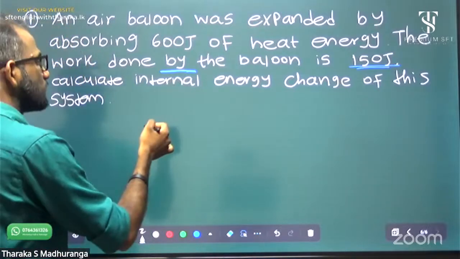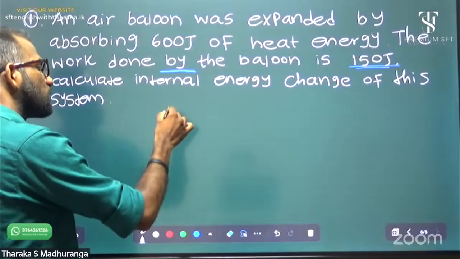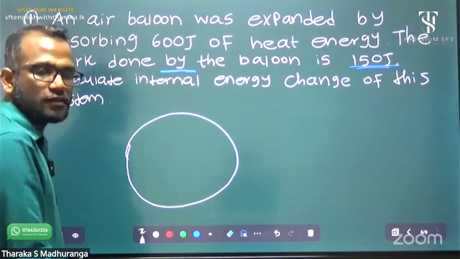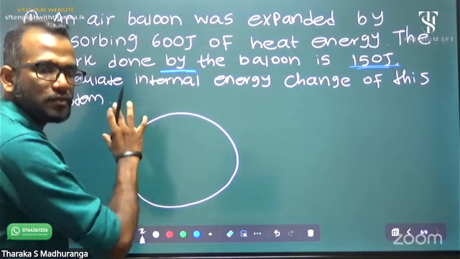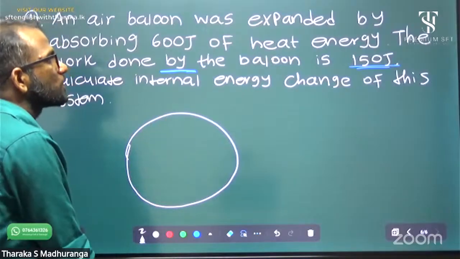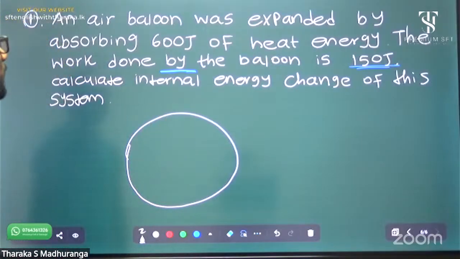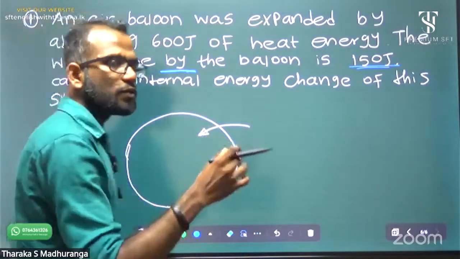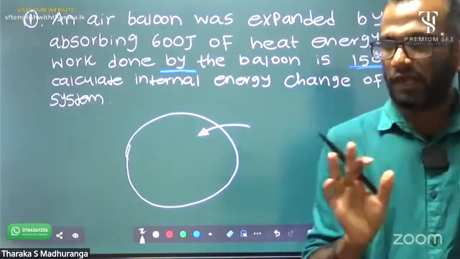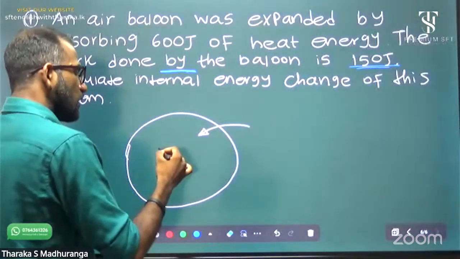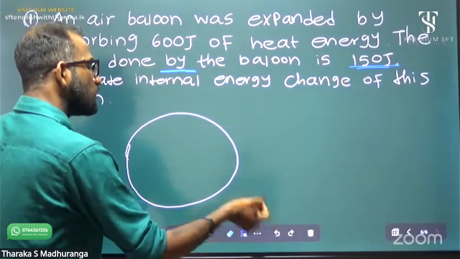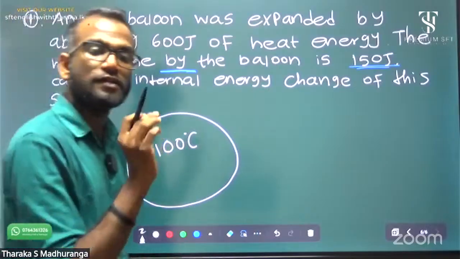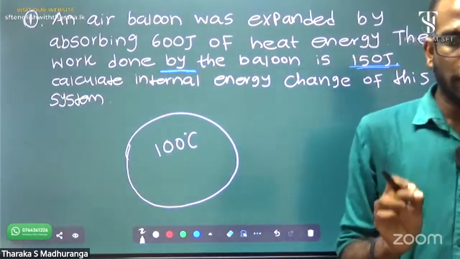Right. Now think this is a balloon. It is a system now, right? The selected area is the balloon. Expanded by absorbing 600 joules. Now, for this type of calculation, the very easy method is this. Let's assume initially the energy level is 100. You can take any value, right?